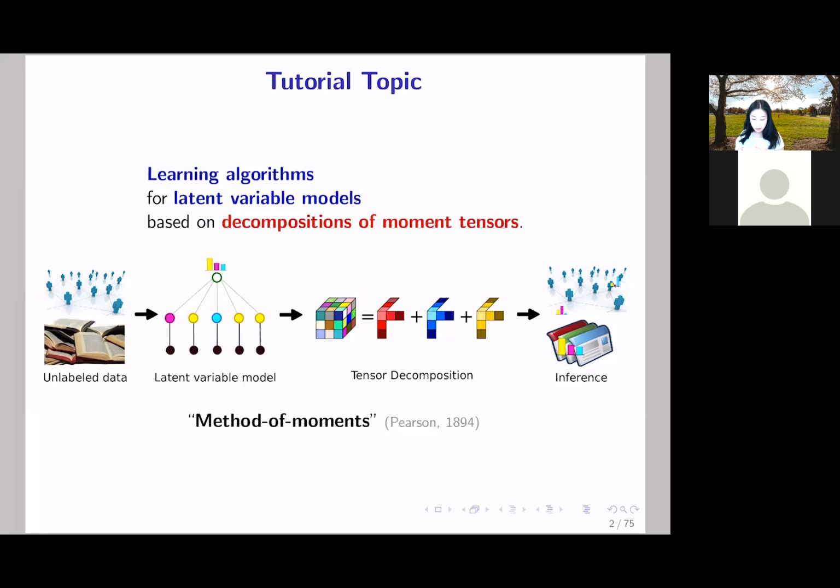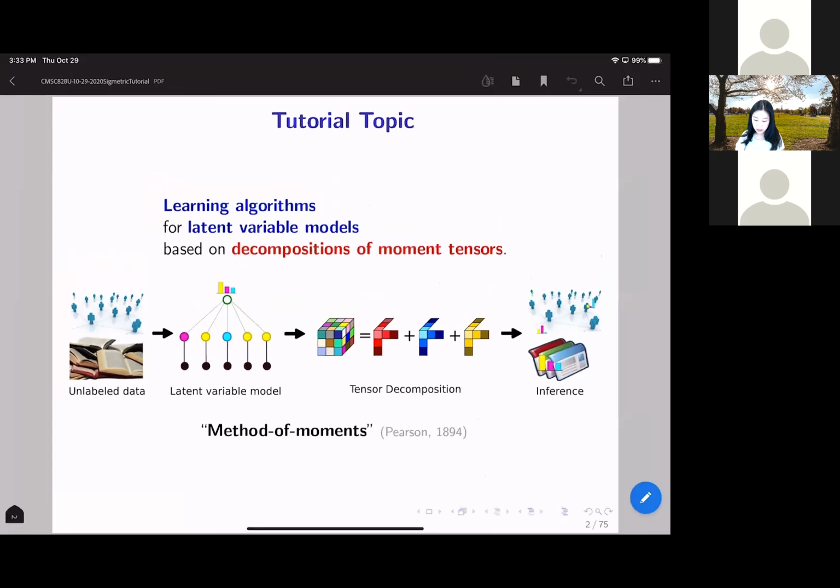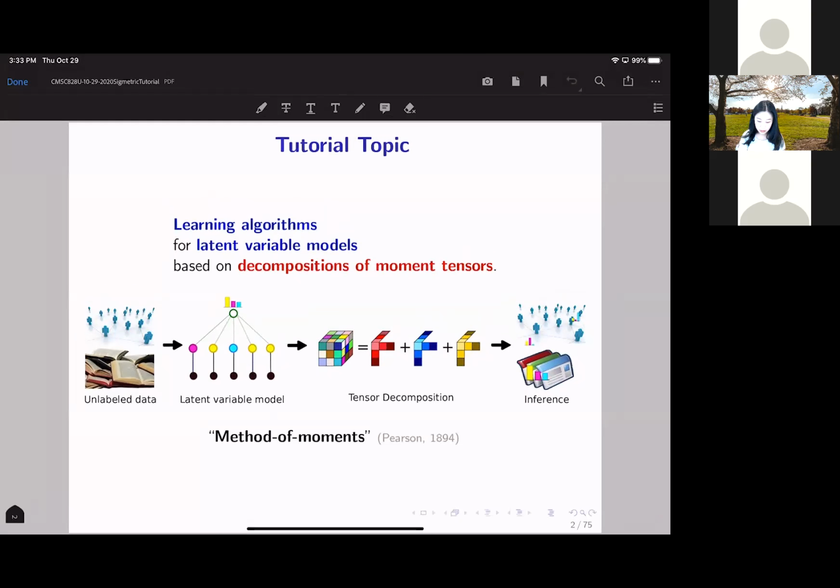Okay. So this slide is an illustration of what is going on here. So we have unlabeled data, right? So this unlabeled data are something that, some data without labels, right? For example, you have text. Let's say you wanted to categorize text.